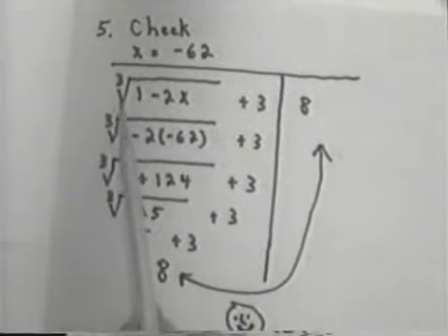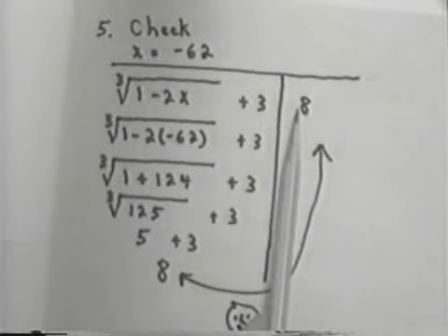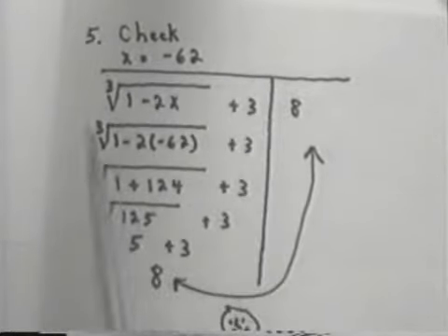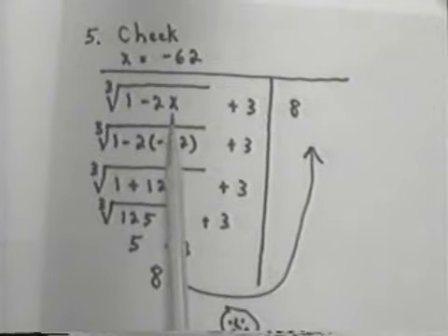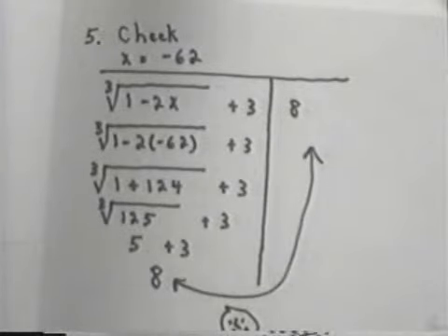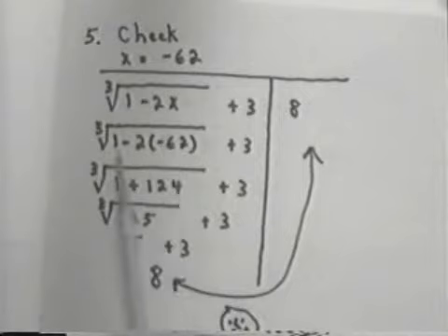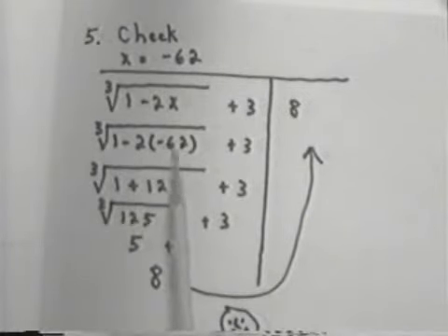Well, my original problem was the cube root of 1 minus 2x plus 3 was equal to 8. So I put the cube root of 1 minus 2x plus 3 on the left, and the 8 on the right. I think my answer is negative 62, so I'm going to replace x by negative 62. I do my multiplication before my subtraction, so a negative 2 times a negative 62 is a positive 124.